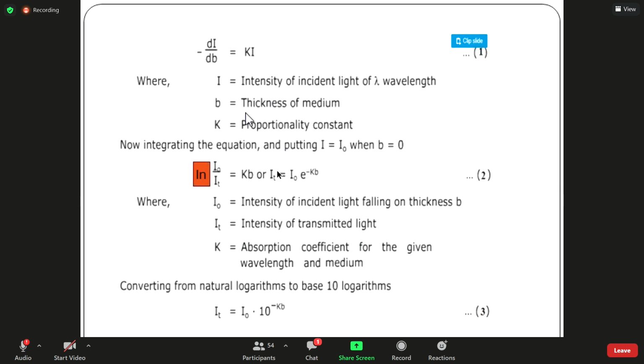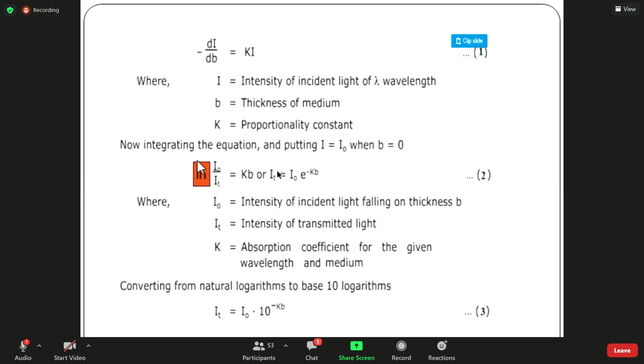Now, if I integrate the equation on both sides, what are the values for integration? I will vary from I naught to I, and b equal to 0. When b equal to 0, at the initial surface, your I will be I naught, the initial intensity.